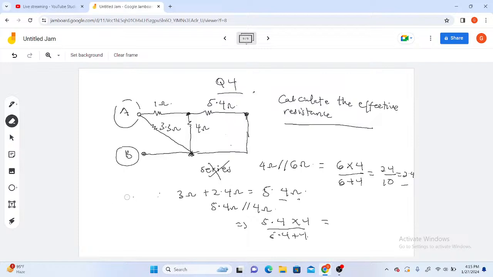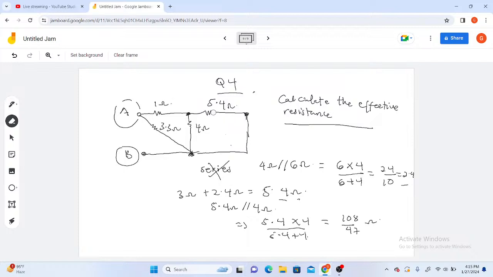So at this point, we are going to get 108 over 47 ohms. And this is the combined effect of 4 ohm and 5.4 ohm. And I have to replace these two resistors with a single resistor of magnitude 108 over 47 ohms.